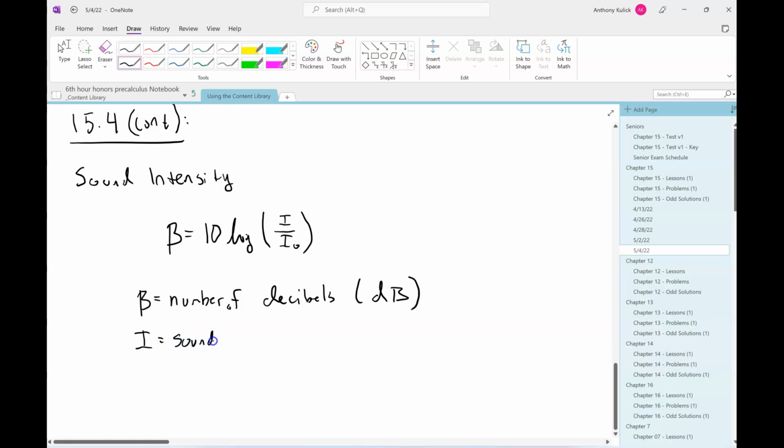I is sound intensity, and that's measured in watts per meter squared. And I naught is a constant. That constant is 10 to the negative 12 watts per meter squared.